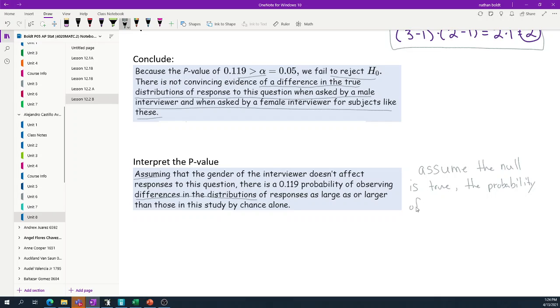The probability of getting a chi-squared as large or larger than those in this study as our sample by chance alone.